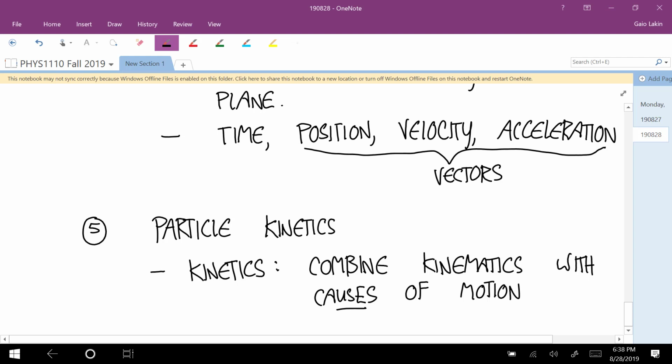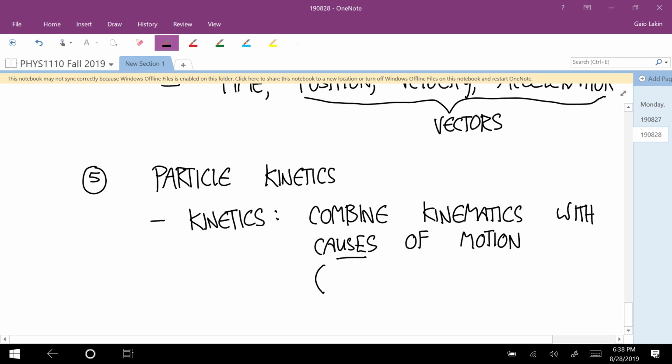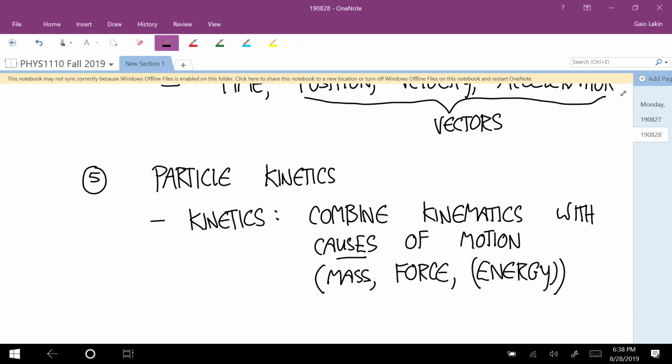And what I'm going to call the causes of the motion are mass, force, later on energy. We won't start out with that, but now we're going to particle kinetics. Oh, this is also in 2D, so we're not going back to 1D for this.